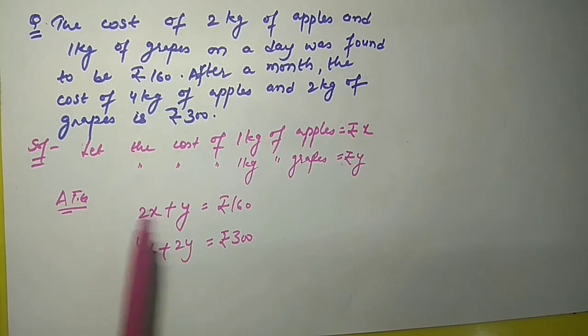Let x is equal to 10, then find the value of y. You need at least 3 values. Then make the table, then draw the graph. You get one line. Similarly, for the next equation, we can draw the table and the graph. On the same graph paper, you have to draw both lines if you have to represent the situation graphically or geometrically.